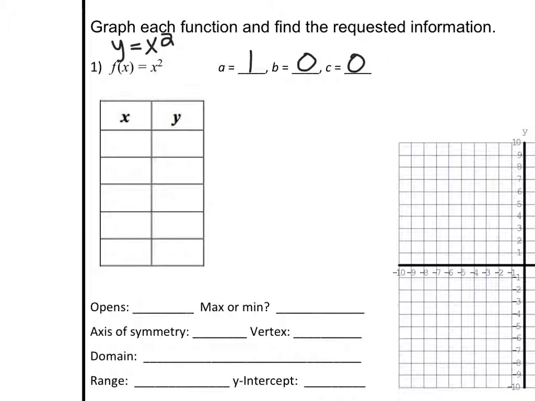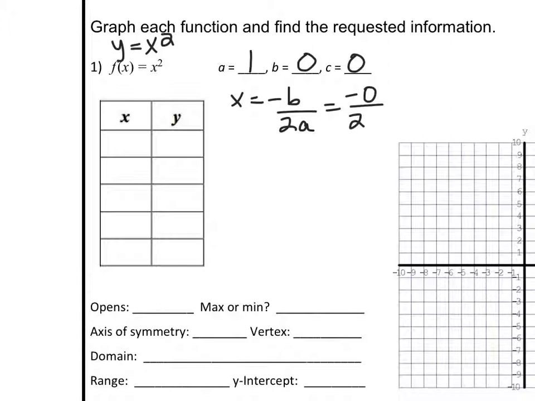Okay, let's find the vertex. The formula to find the axis of symmetry is x equals negative b over 2a. I need to see the work for this. In our case, b is 0, so you'll do negative 0 over 2 times a.